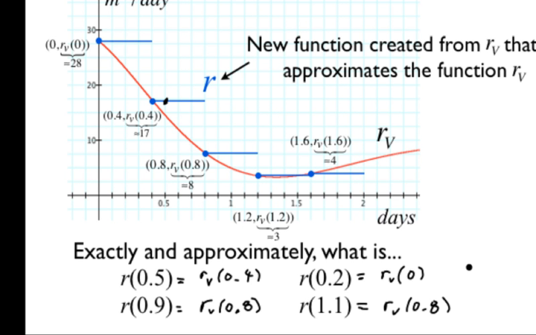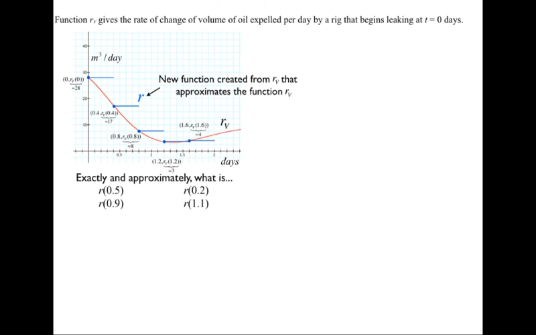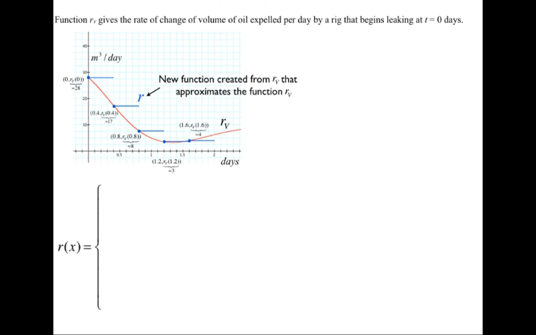Okay, and then we wrote that function, right? And what do we get? So we know it's R sub v of 0 from 0 to, and then R sub v of.